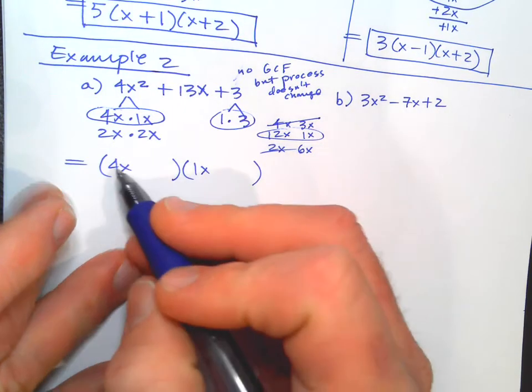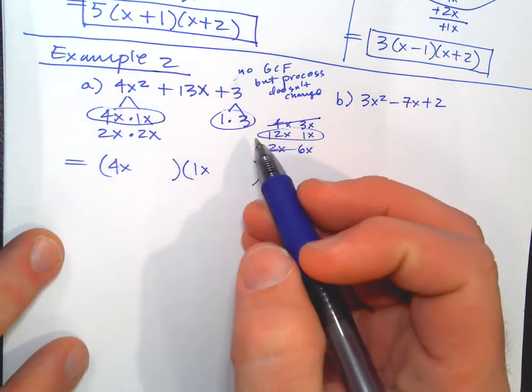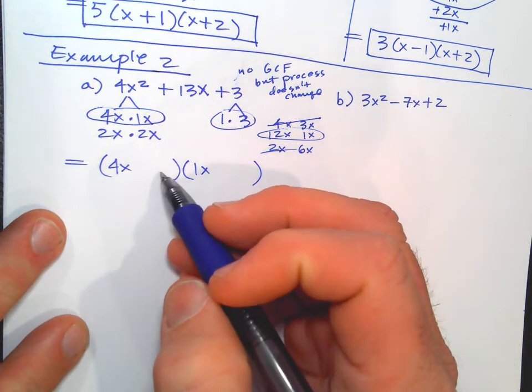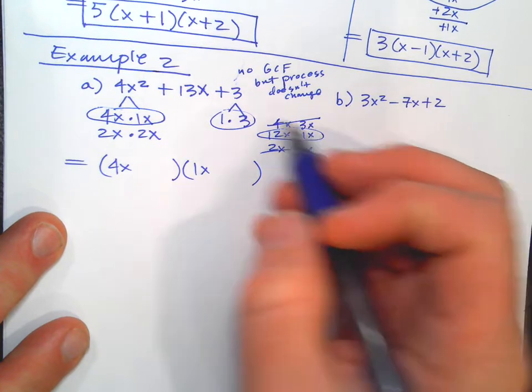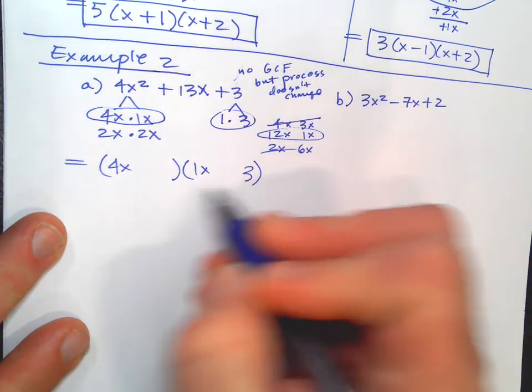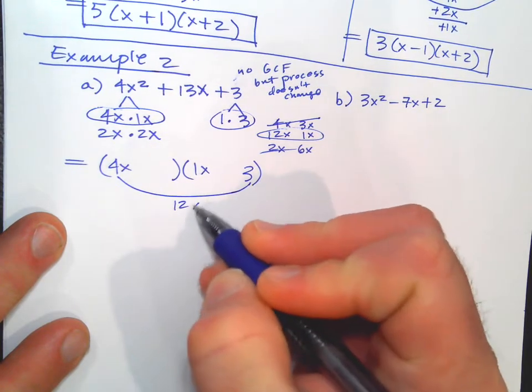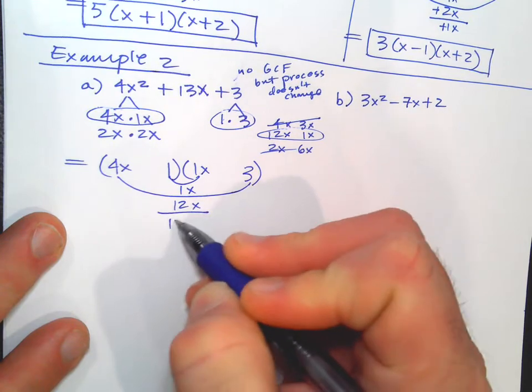When there's not just a 1 in front, now the order matters. It didn't really matter before where you put the 1 and the 3. Remember, we want 12x and 1x to give us 13x. So the 3 has to be over here because that gives you the 12x, right? And the 1 has to be here, and that gives you the 1x. And that's how we're going to get 13x.